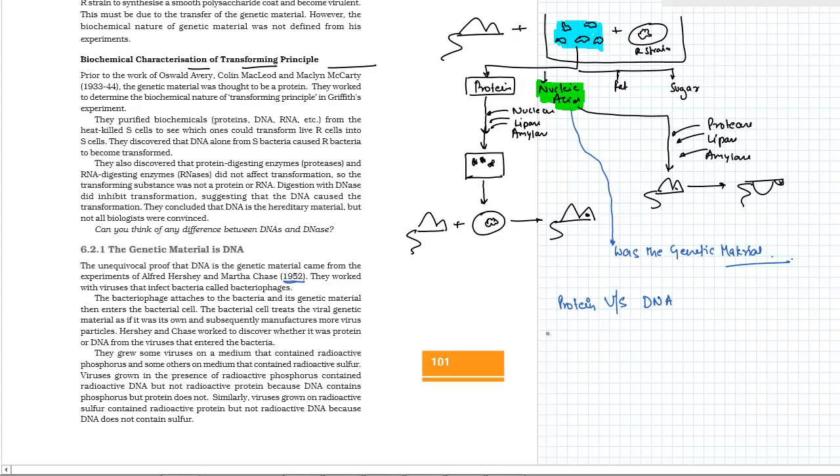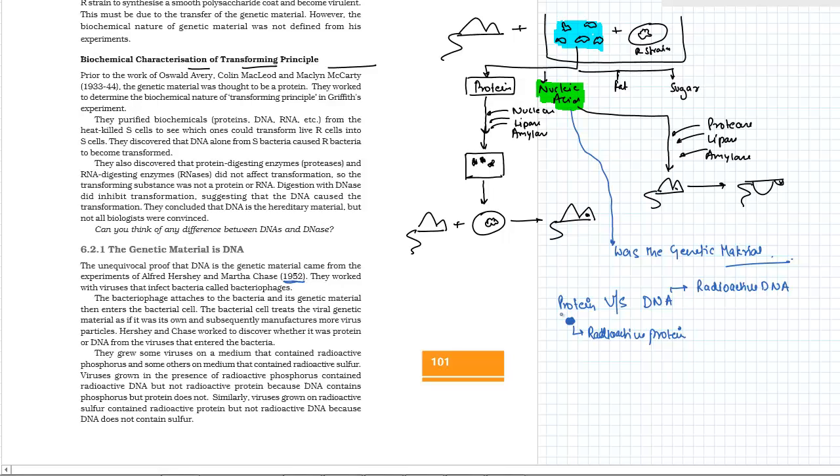So this was the fight. Now, if somehow you're able to tag protein with something, we're going to tag the protein, so radioactive protein. And if somehow you're able to tag the DNA, so radioactive DNA.